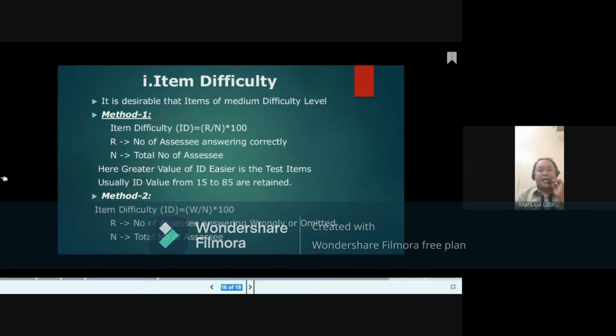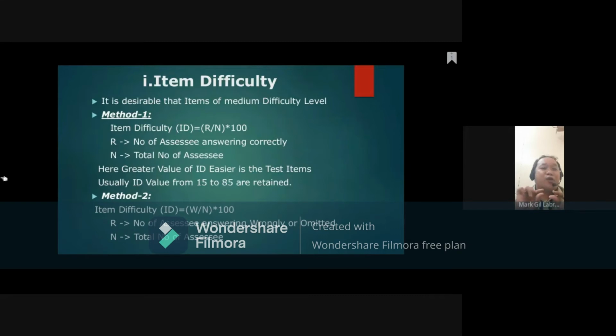So may konting solving lang talaga. For item difficulty, it is desirable that the items are of medium difficulty level. So we have two methods. First method for item difficulty, merong formula na ID equals R over N times 100. R represents the number of assessees answering correctly, and N is the total number of takers or assessees.